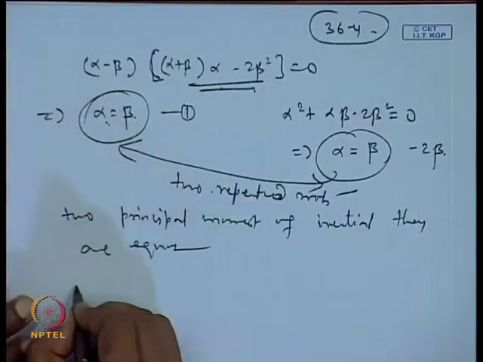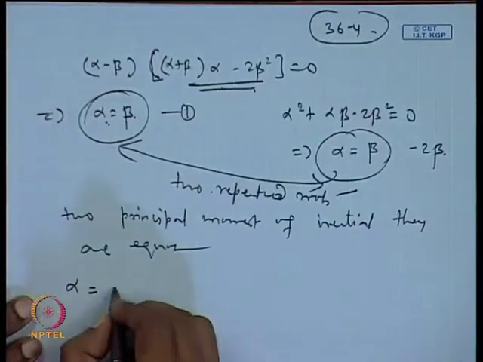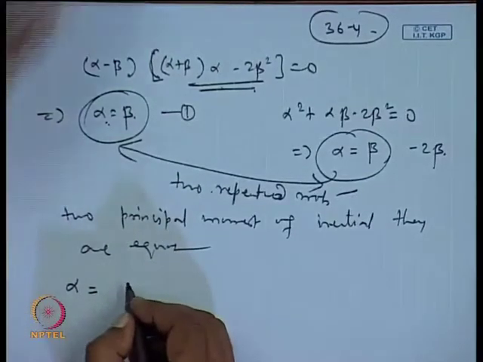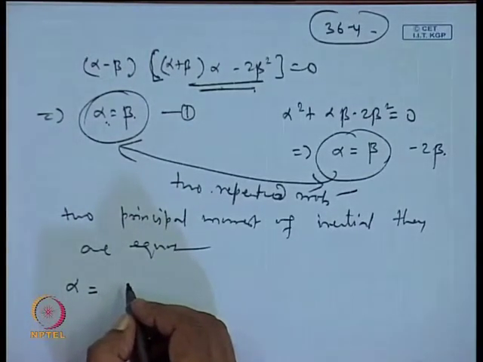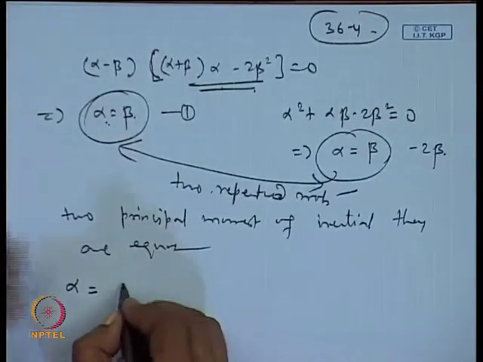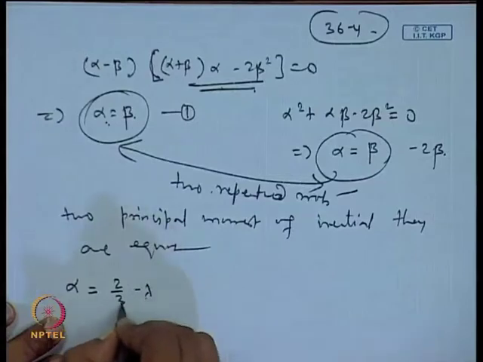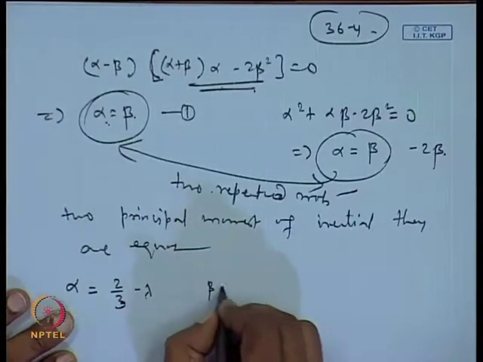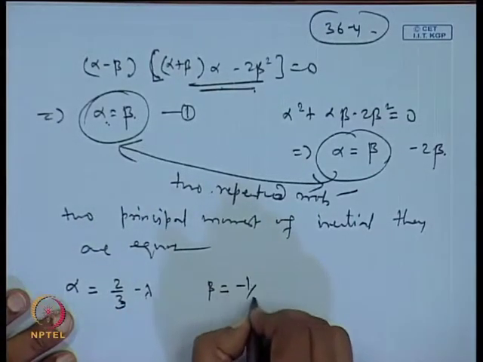Okay. So, alpha we have written as 2 by 3 minus lambda, and beta we have written as minus 1 by 4.